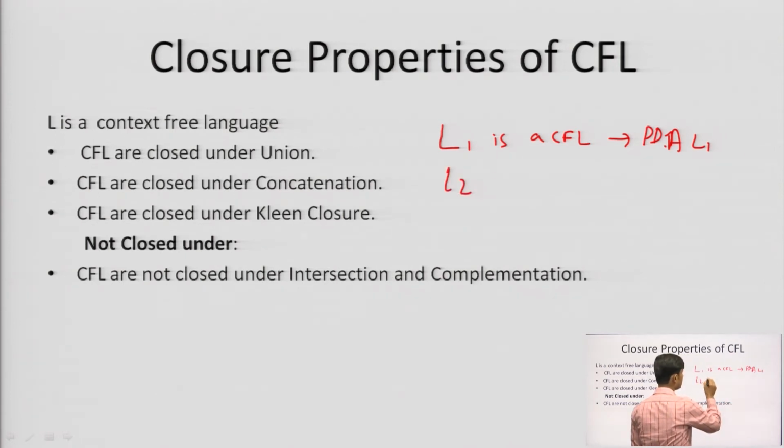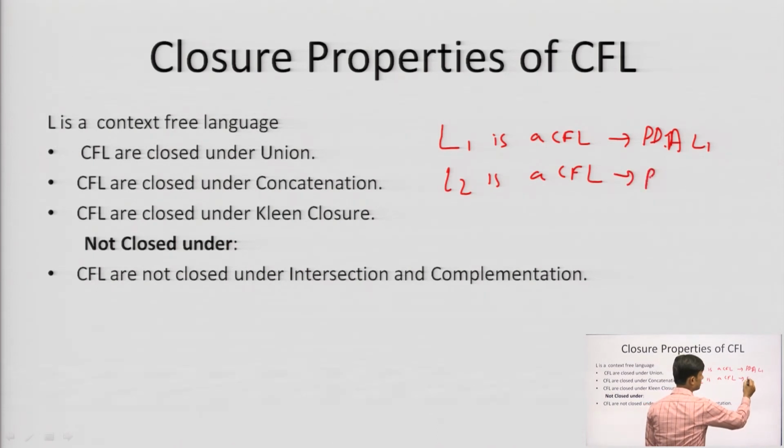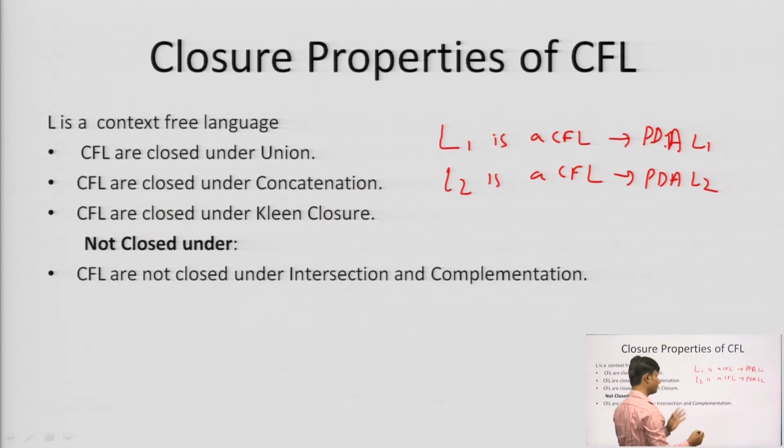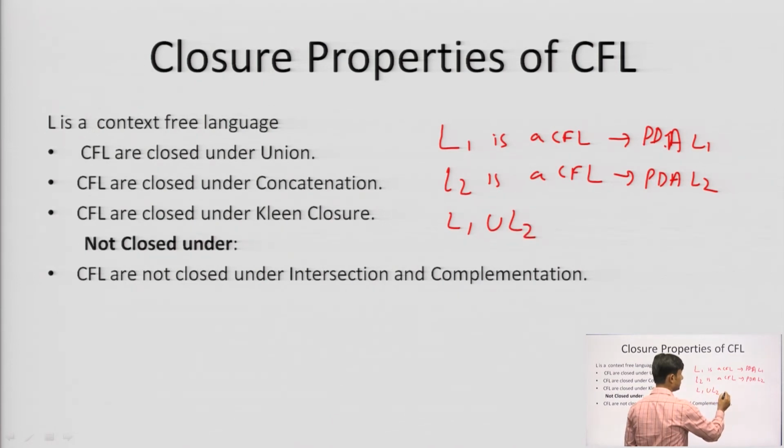Then L2 is a CFL, so we have a PDA for L2. This means if we have the union, we can also have a PDA, so L1 union L2 is also a CFL.